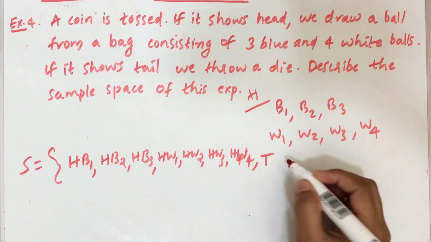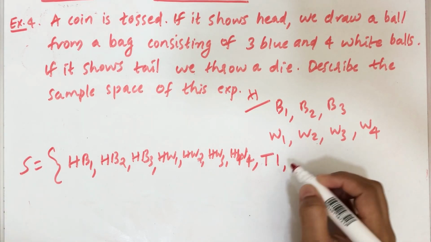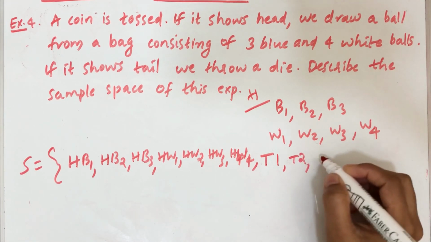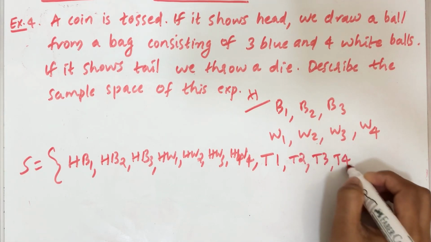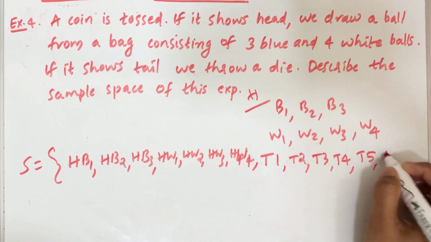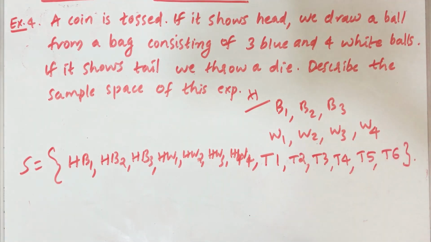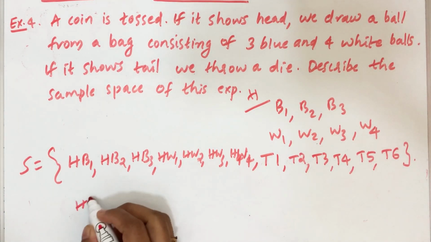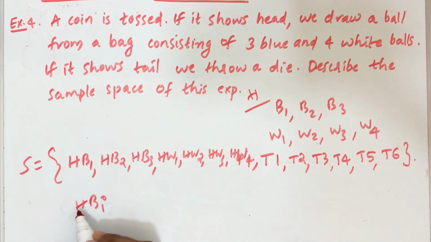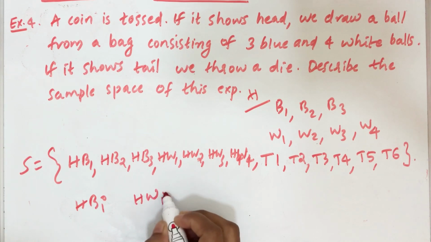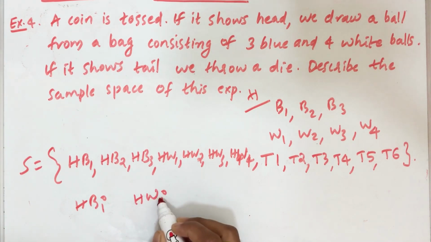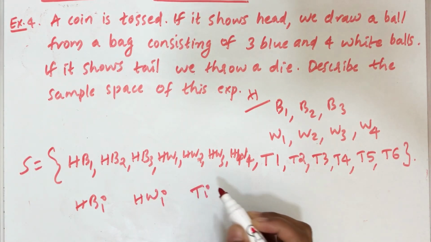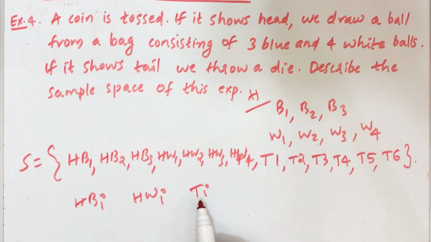That is, if it shows tail, then either the die shows 1, or the die shows 2, like that T3, T4, T5, T6. Here we can say HB1 is head on the coin and a blue ball is drawn, and like that HW1 is head on the coin and a white ball is drawn, and like that T1 is tail on the coin and 1, 2, 3, etc. 6 on the die.